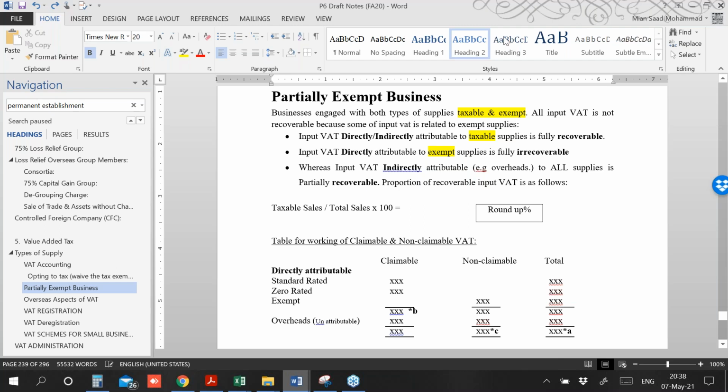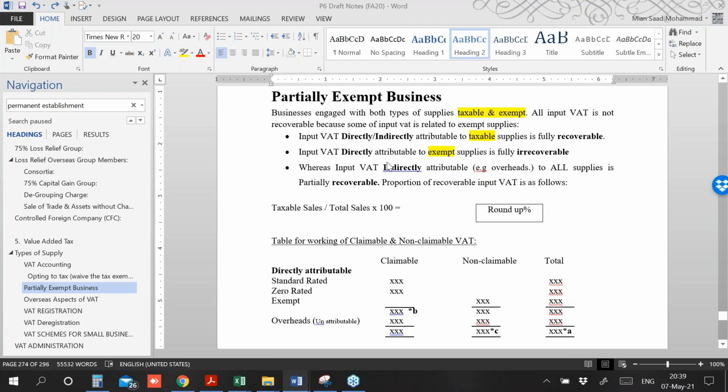So what are these tests? There are three tests and there is one condition. So condition means that the condition needs to be fulfilled before applying the test. If the condition does not get fulfilled, we will not be applying the test. So what is the condition? The condition is, guys, that your exempt sales should be 50% or less of your total sales.